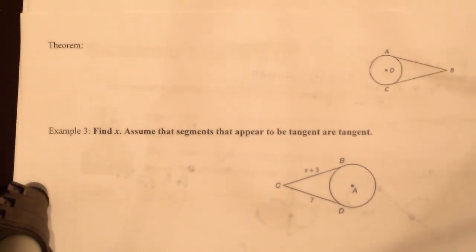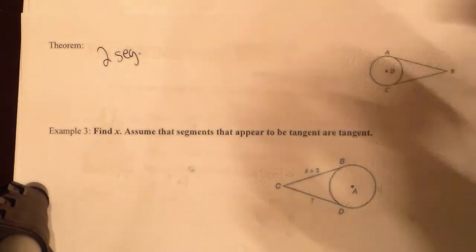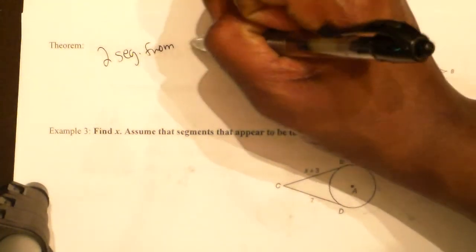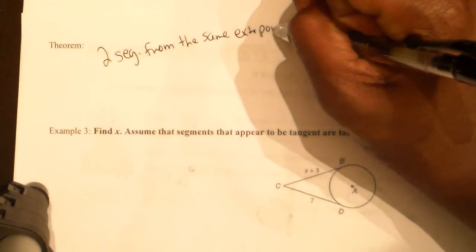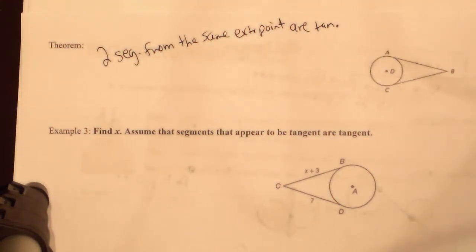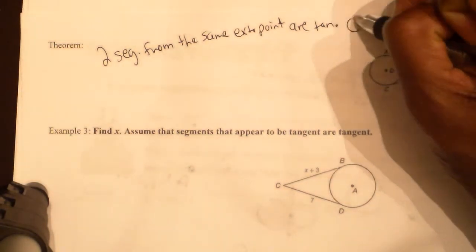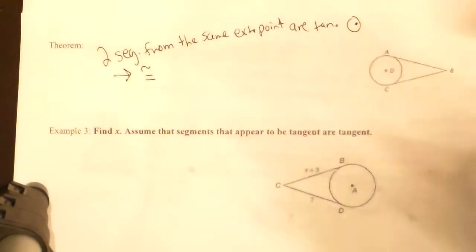Alright, so our next theorem says if two segments from the same exterior point are tangent to a circle, then, I draw my little then arrow, they are congruent.